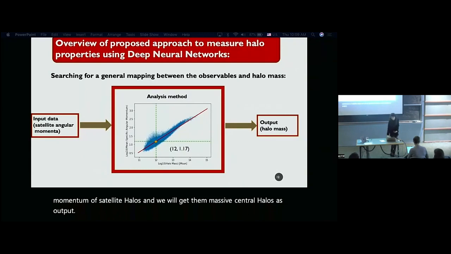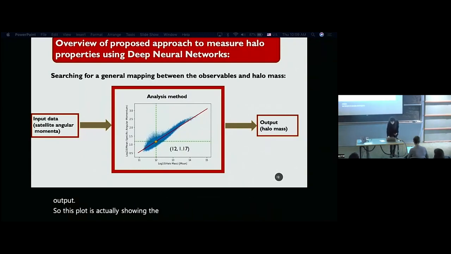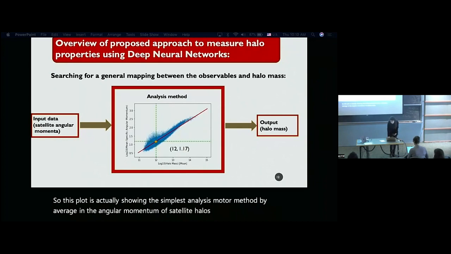This plot is showing the simplest analysis method, averaging the angular momentum of satellite halos. The y-axis is showing the average of angular momenta of the satellite halos.